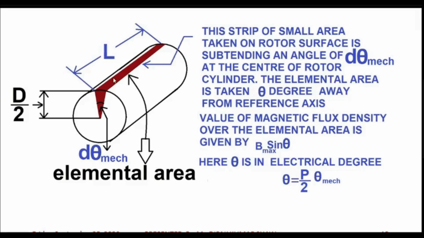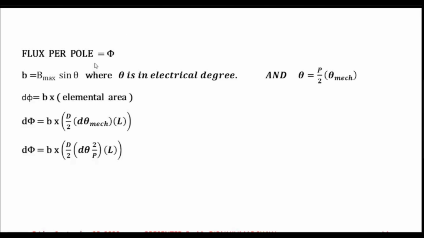This arc is very small, so it can be approximated by a straight line. So the length of the arc is d by 2 into d theta mechanical. This is one side and L is the other side. So what is the area of this infinitesimally small strip on the rotor surface? It is given by d by 2 into d theta mechanical into L.